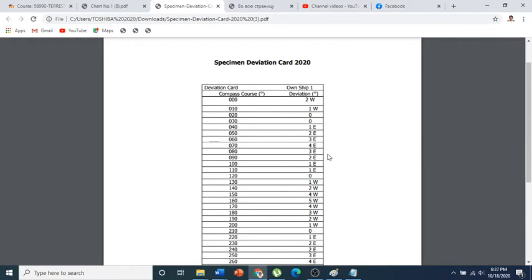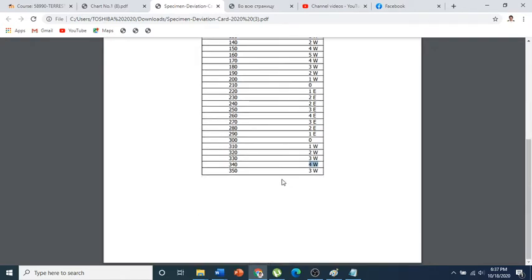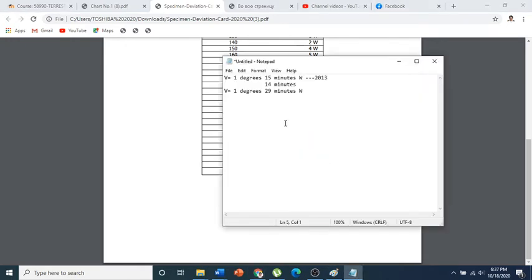Because it is increasing and 335 is in between, what is between 3 and 4 is 3.5. Therefore, the deviation is 3.5 degrees west, or you could also say 3 degrees 30 minutes west.